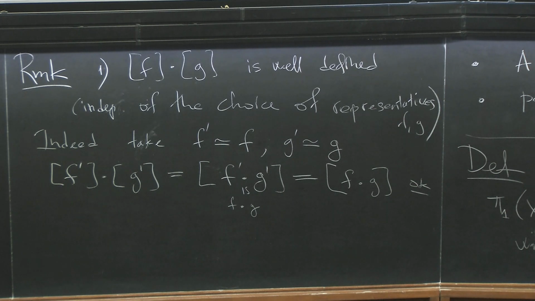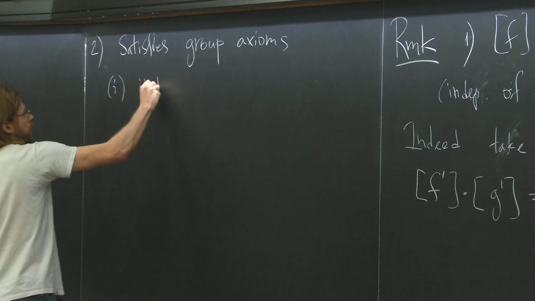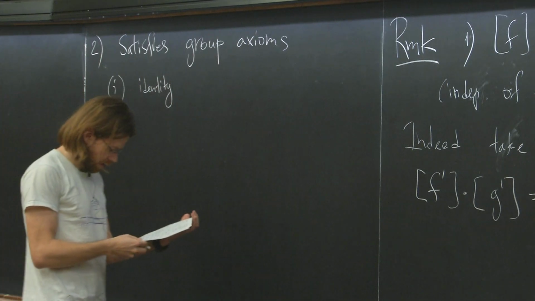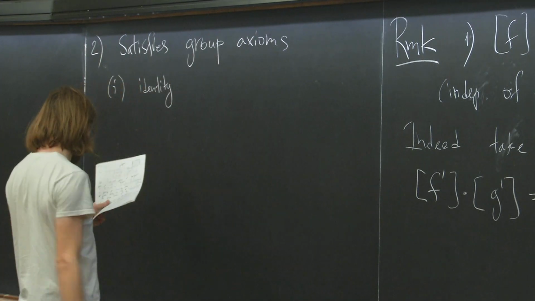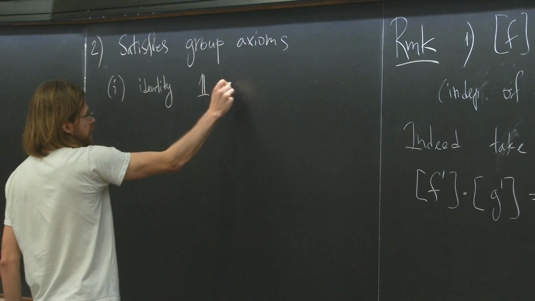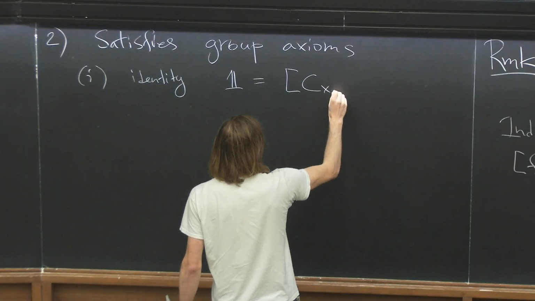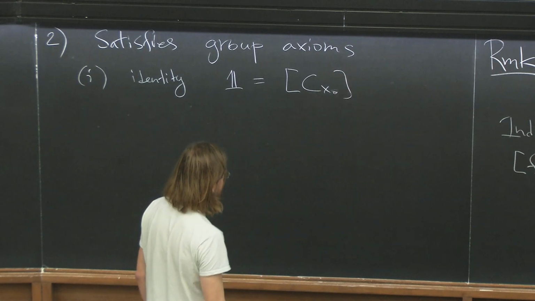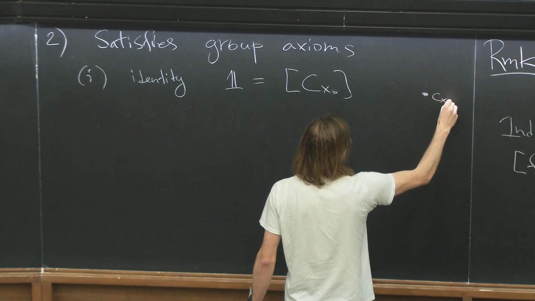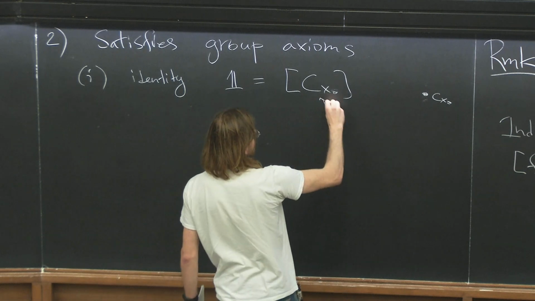First, there exists an identity element, so that multiplication by it is trivial. And indeed there exists an identity, and this identity can be defined as a class represented by a constant path. It's a path that just stays at my base point x0. So this is a constant path.